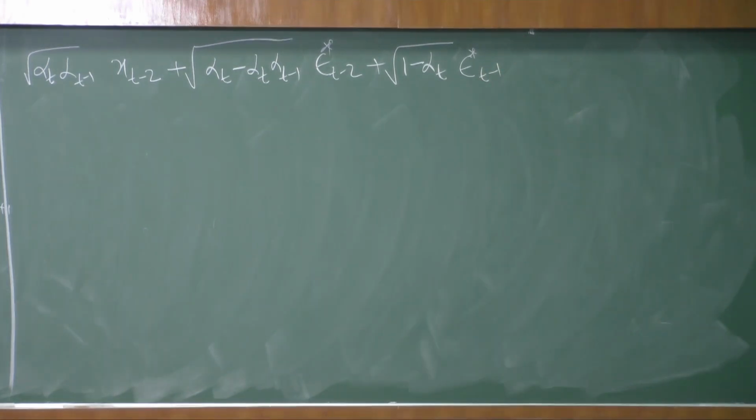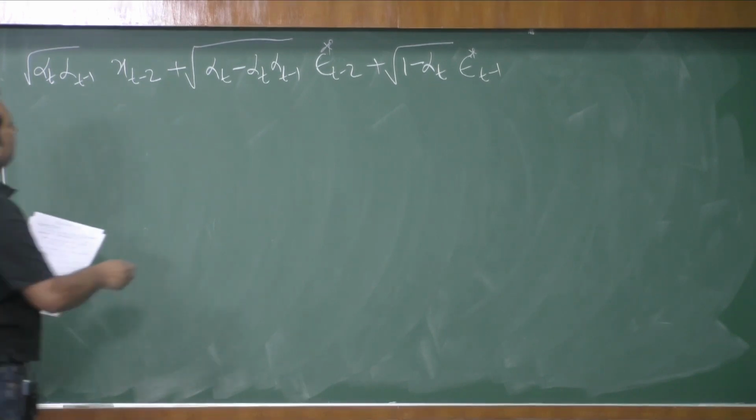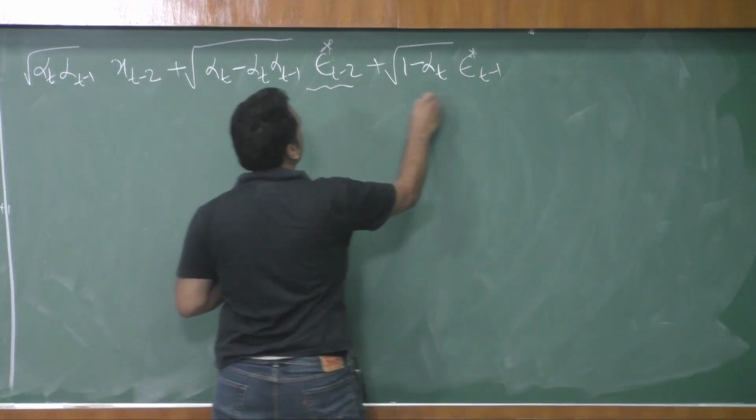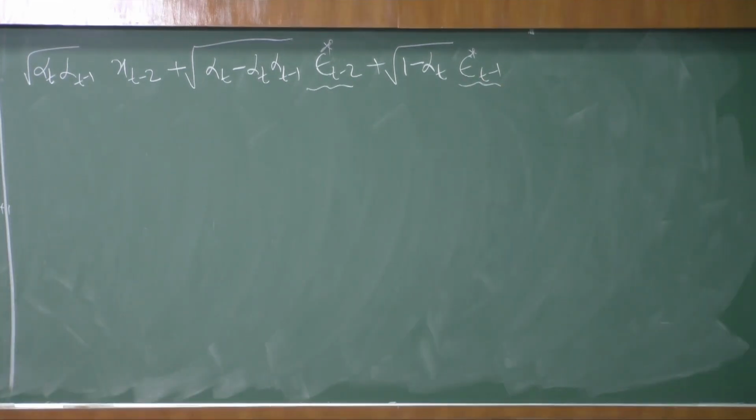So basically we have simplified a little bit, but what we observe is that we are summing up two standard normals, with some scaling of each of these.